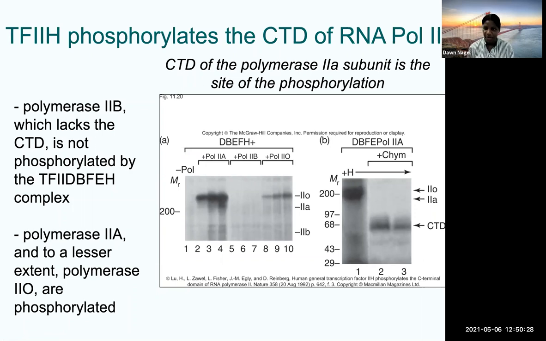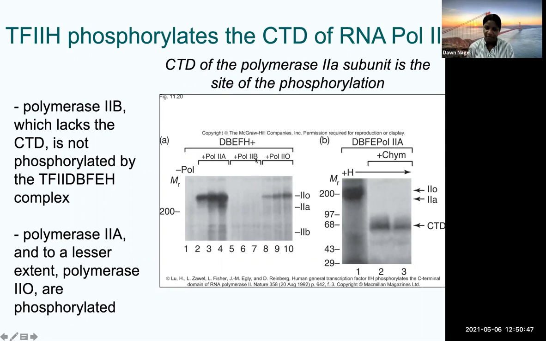So to do this experiment, again, very similar experiment, protein binding to DNA. Panel A is showing you 3 different versions of polymerase. So IIA is the unphosphorylated state.